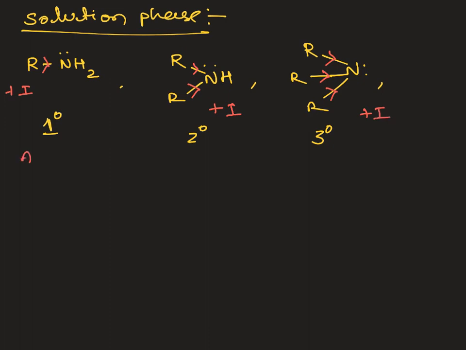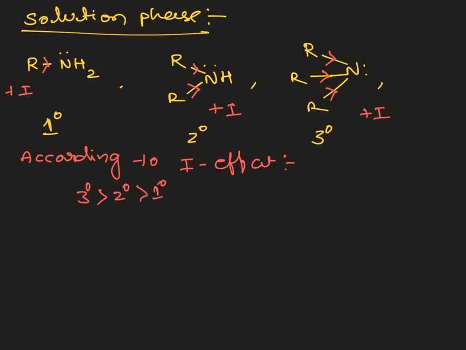According to the inductive effect, tertiary is more basic than secondary, than primary. So in the solution phase, along with the inductive effect, another effect also plays an important role in deciding basicity, that is solvation, the solvent effect.